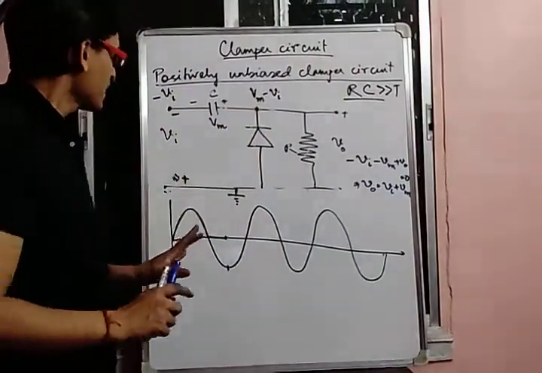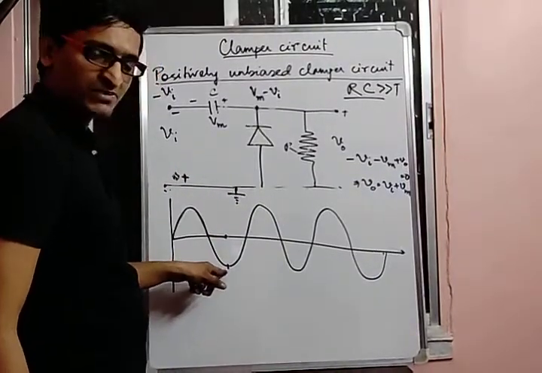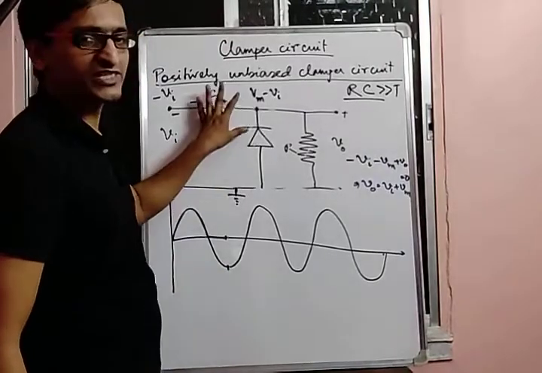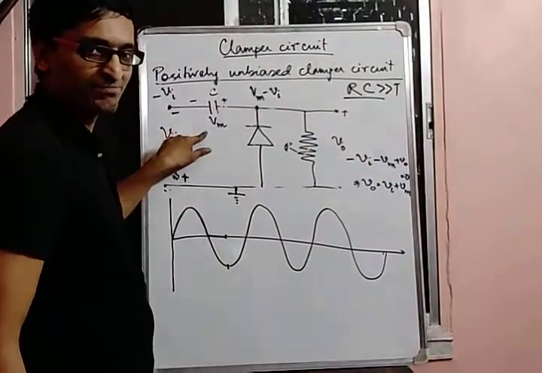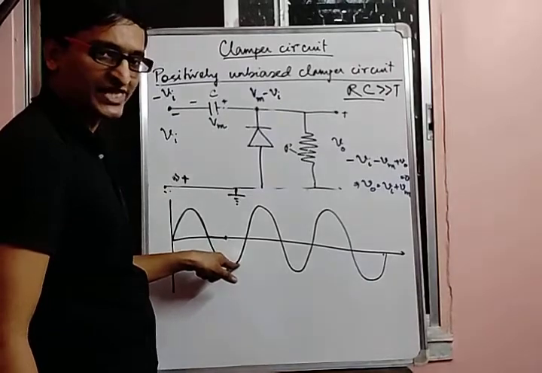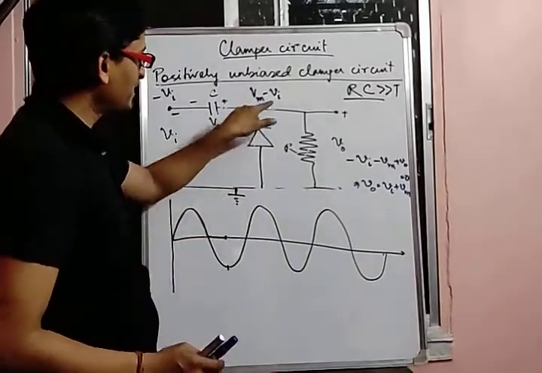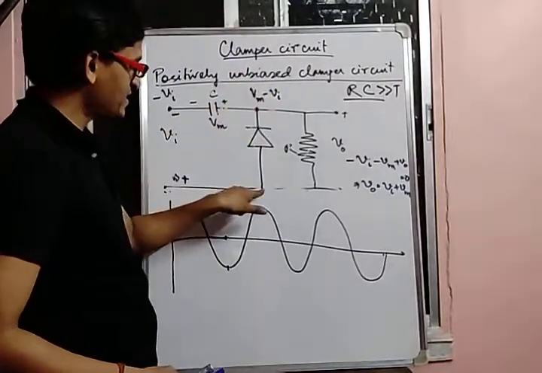Did you get it? What is happening is that when the input voltage was at its peak value, the capacitor was charged to its full value, fully charged to Vm. Now, when the magnitude of the input voltage starts to decrease, your Vi becomes less than Vm. Since Vi becomes less than Vm, this value will become positive, and this is zero potential.